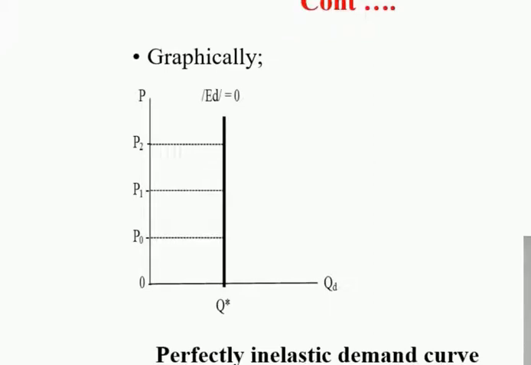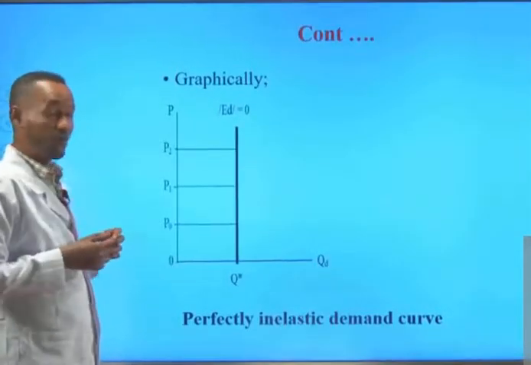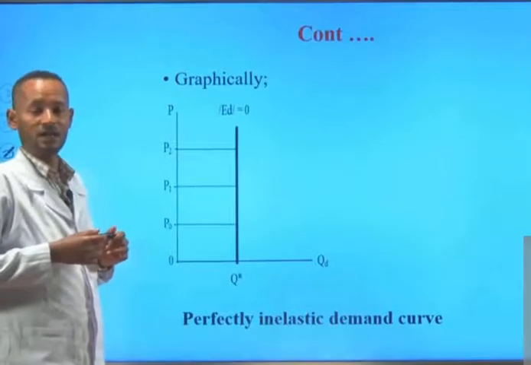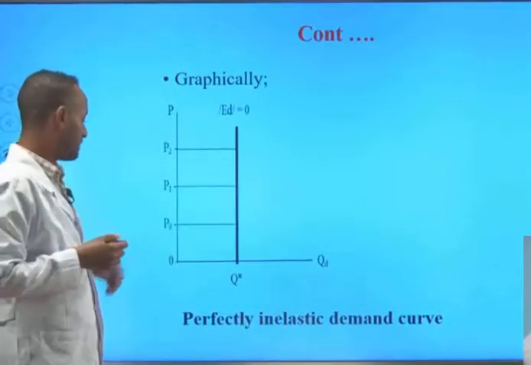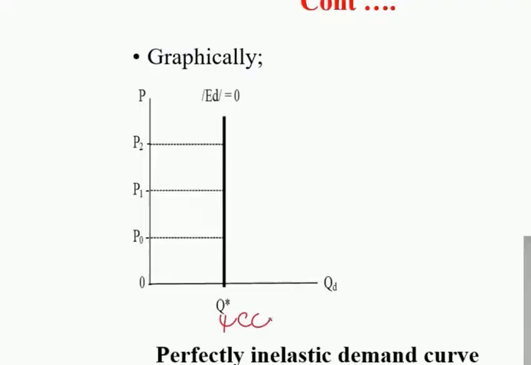Products which are essential for survival have perfectly inelastic demand. For example, the demand for insulin is perfectly inelastic. If a diabetic needs 4 cc of insulin per day, if the price of this insulin is $10, he will buy it. If it increases to $20, he will buy it.